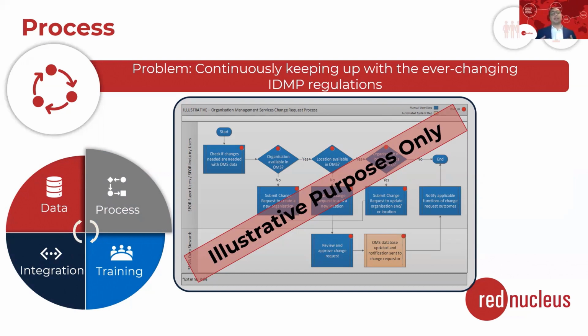Processes must be augmented with technology to control the quality and the relationship of the data. And since IDMP components such as PMS are new and more guidance has just come out, expect that your organization will need to create and design processes to support your organization's operations within this area.